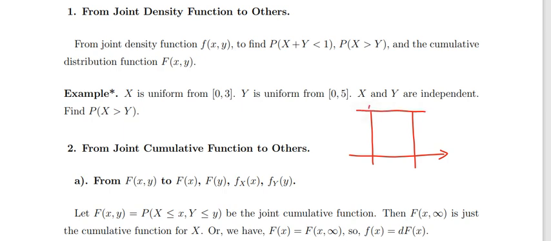So we can say this is uniform over this region. So what is this probability that x is larger than y? We just need to find what part this region accounts for out of the total, right?